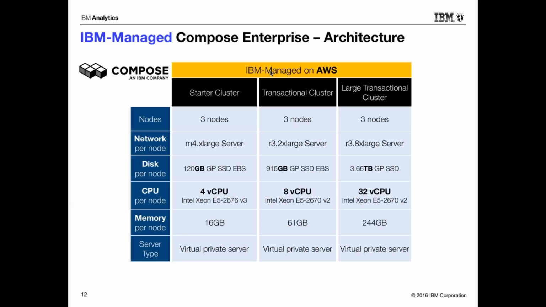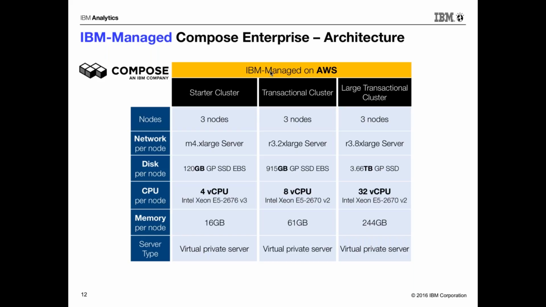For customers who have traditionally been in the AWS space, Compose supports AWS, and these are some of the recommended sizes for the clusters. For starters, we are looking at 4 CPU M4 large servers.